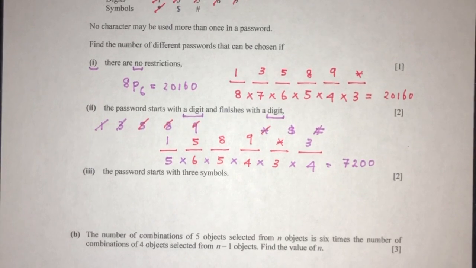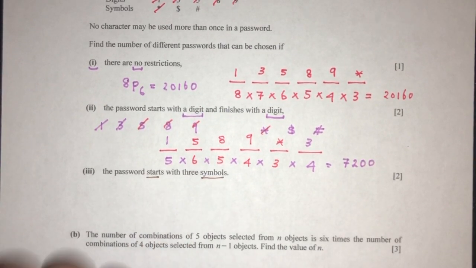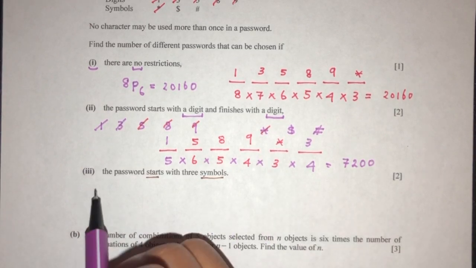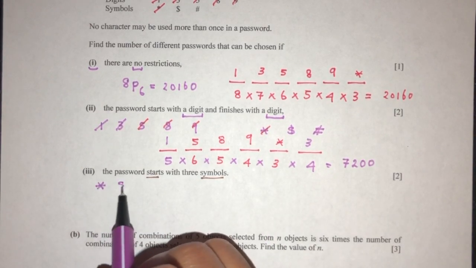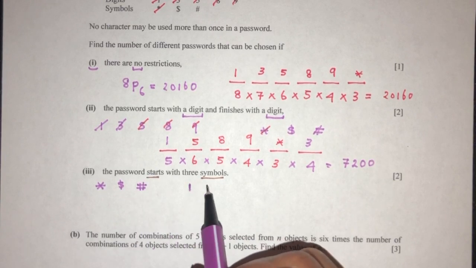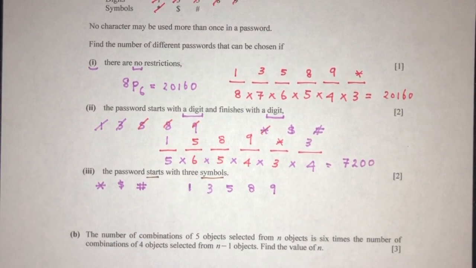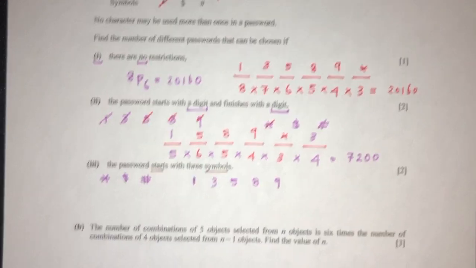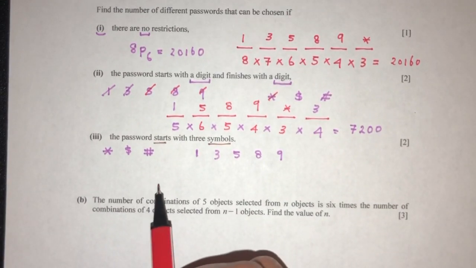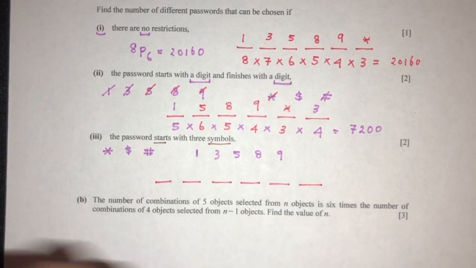Now for part 3, the password starts with the 3 symbols. Again, pretty similar. We have 3 symbols here, this, and this one. And then afterwards we have 1, 3, 5, 8, 9. We want to form a 6-character password, so we have to have 6 spaces, right? 1, 2, 3, 4, 5, 6.